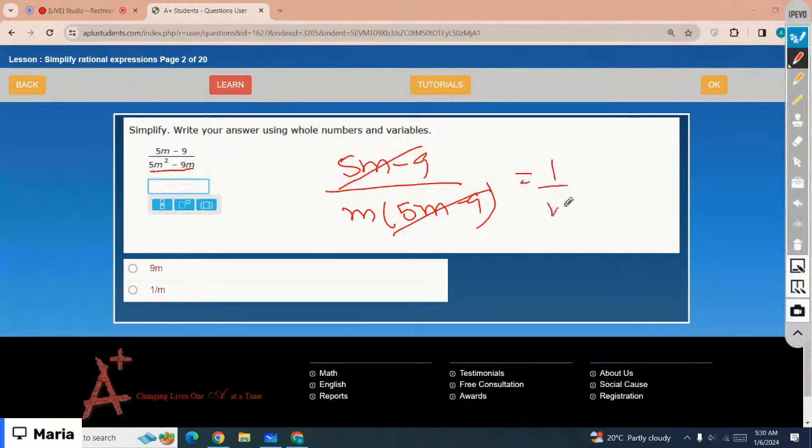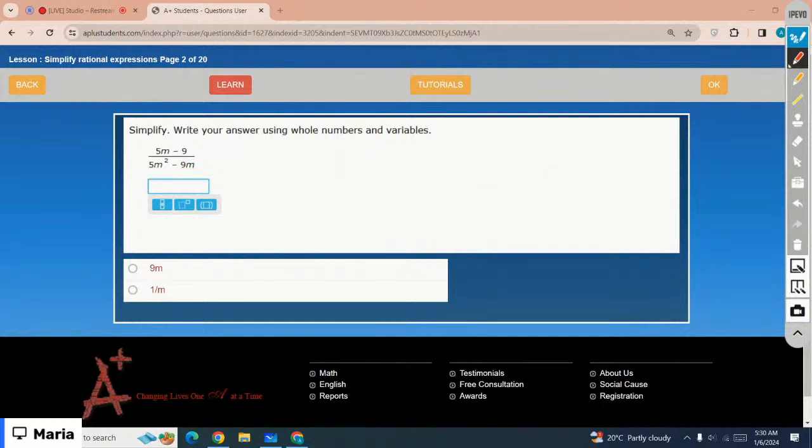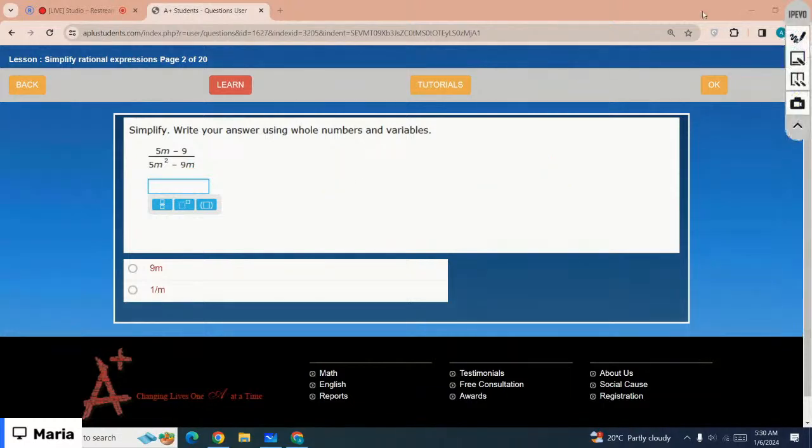And we are left with 1 divided by m. The correct option is 1 over m. Got it? Option number 2 is the correct option, that is 1 divided by m.